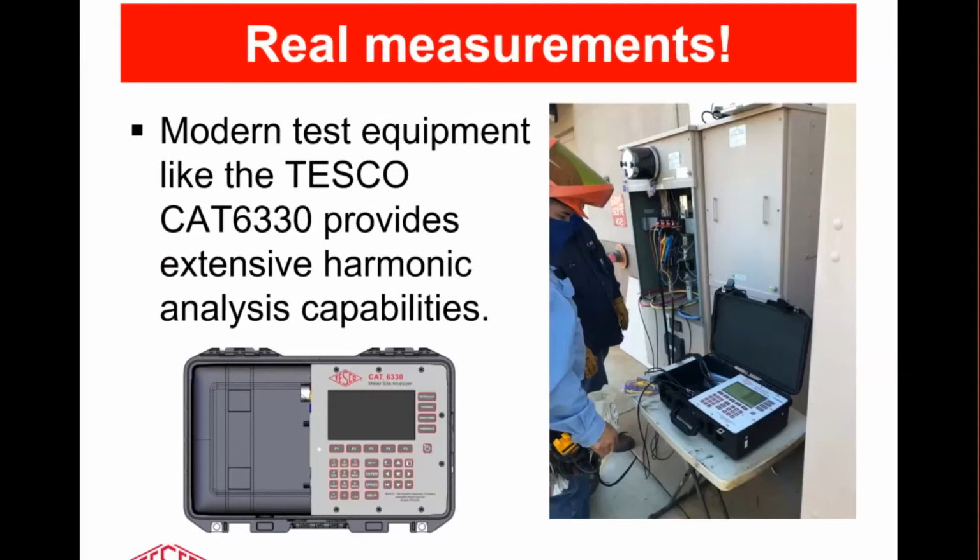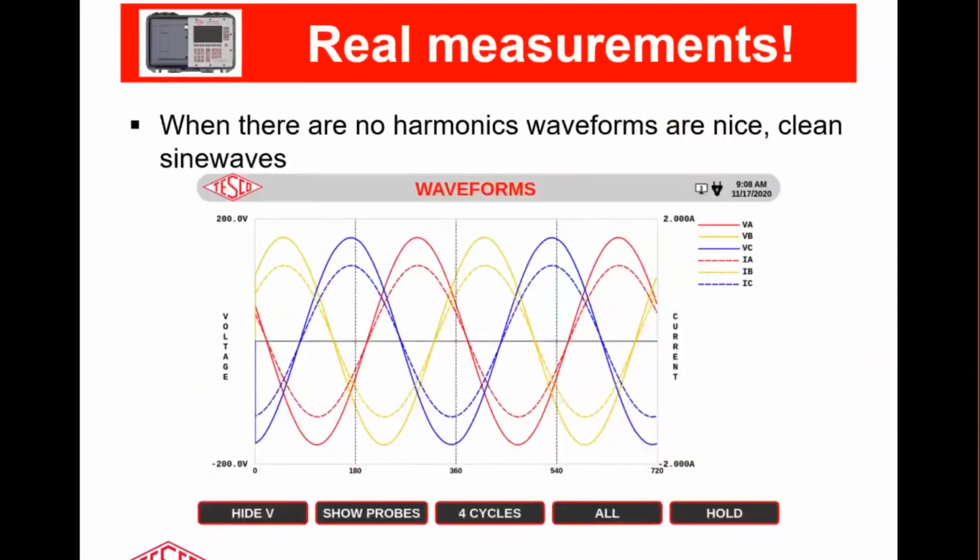It's small, lightweight, and extremely powerful. Okay, so with the 6330, we can measure waveforms. We can measure harmonics. And what we're about to do is see that real time.